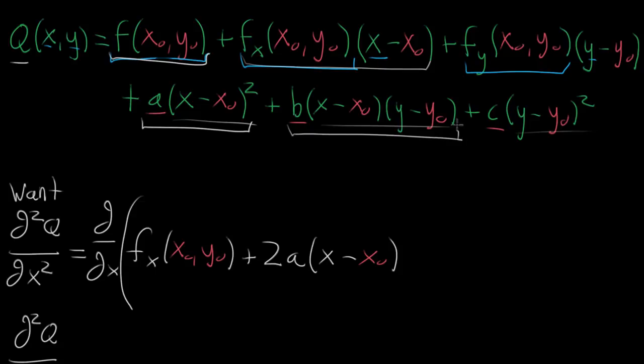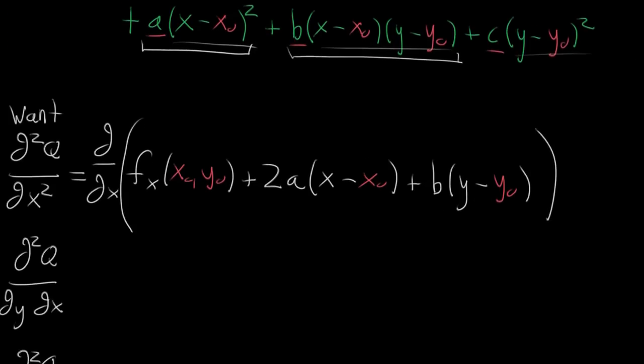Then this over here, this also has an x, but it's just showing up basically as a linear term. And when we treat y as a constant, since we're taking the partial derivative with respect to x, what that ends up being is b multiplied by that, what looks like a constant as far as x is concerned, y minus y naught. And then the last term doesn't have any x's in it. So that is the first partial derivative with respect to x.